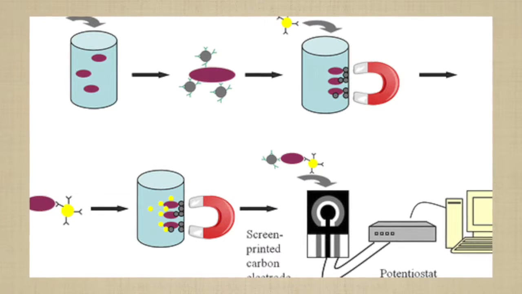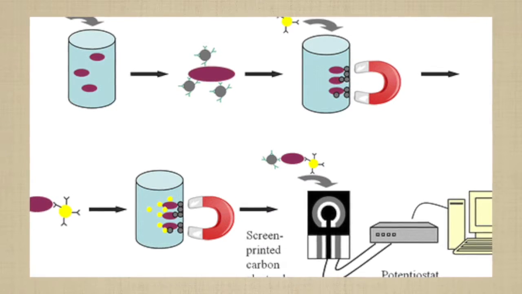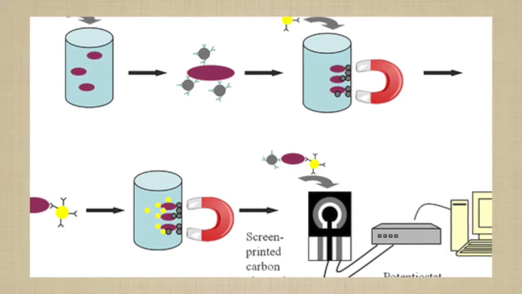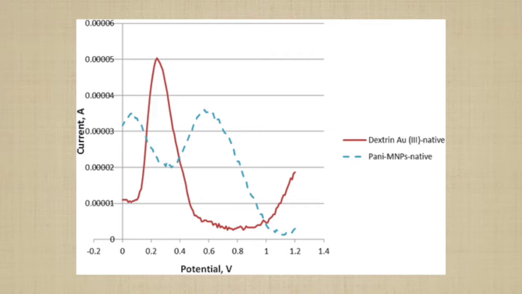This compound will transfer onto a screen-printed carbon electrode, a chip connected to a potentiostat for electrochemical measurements. After that, they have two typical sensorgrams of native gold nanoparticle and native magnetic nanoparticle. Peak current of gold nanoparticle is at 0.3 and magnetic nanoparticle is at 0.58.